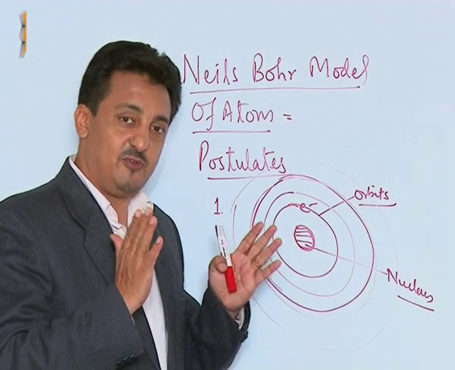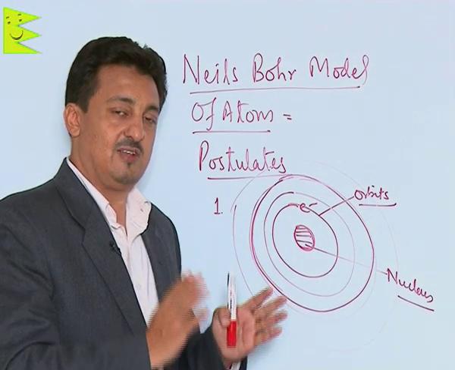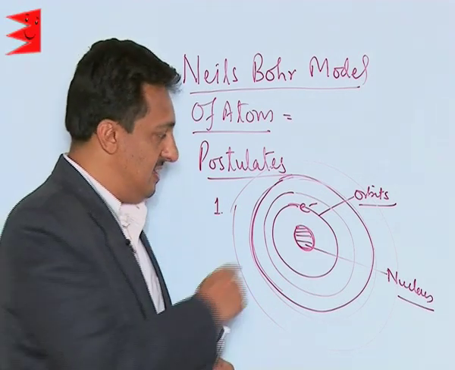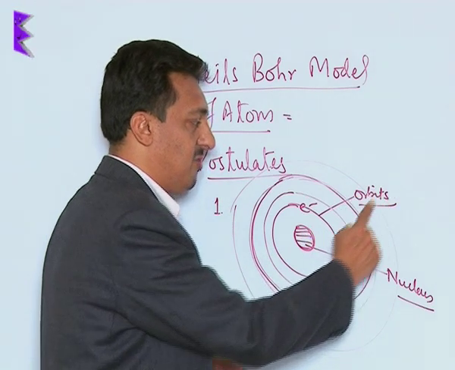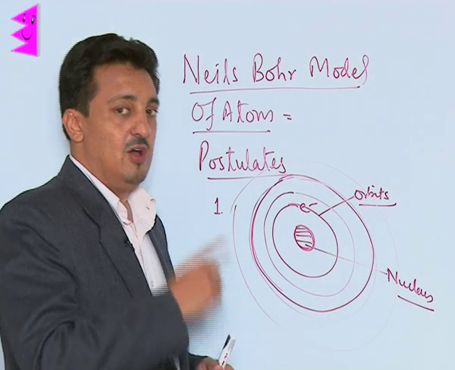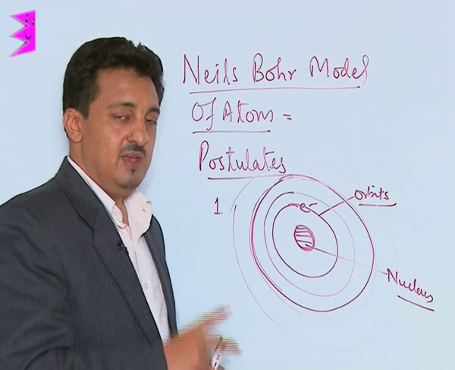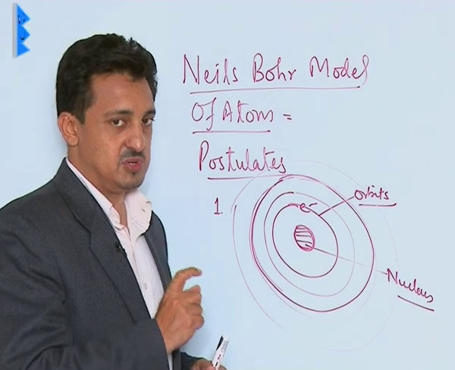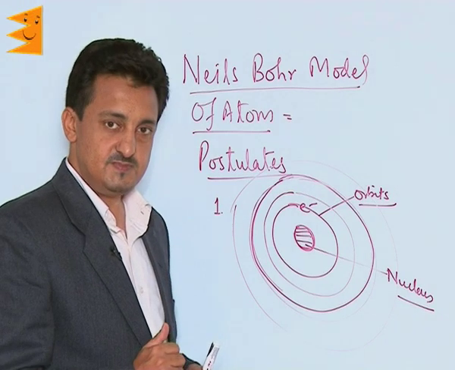So for the first time he gave the conditions for an electron to exist around the nucleus in these paths. I am repeating again, there can be an infinite number of orbits around the nucleus, but the electrons will exist only in those orbits in which the energy is quantized, fixed, and the angular momentum is an integral multiple of some number.